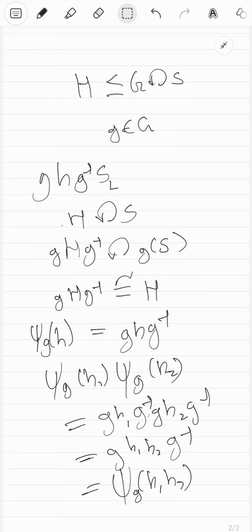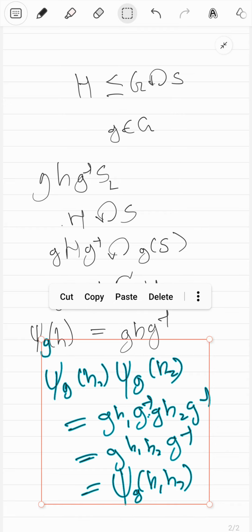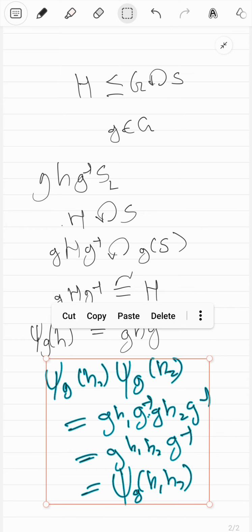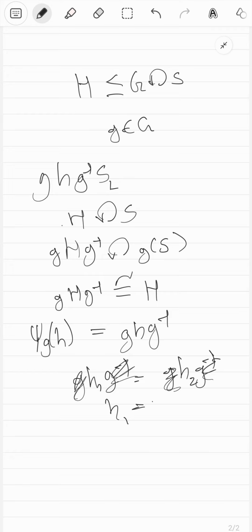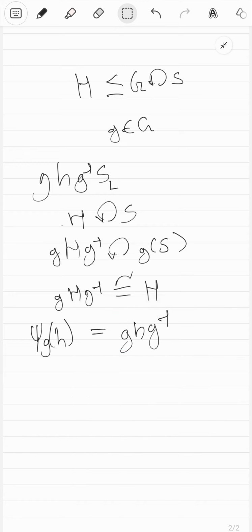So it's a homomorphism, yes. And it's injective because if g h1 g inverse is equal to g h2 g inverse, then there's only one way that this happens: you cancel this, you cancel that, and so h1 equals h2. So it's an injective homomorphism, which means it's an isomorphism.